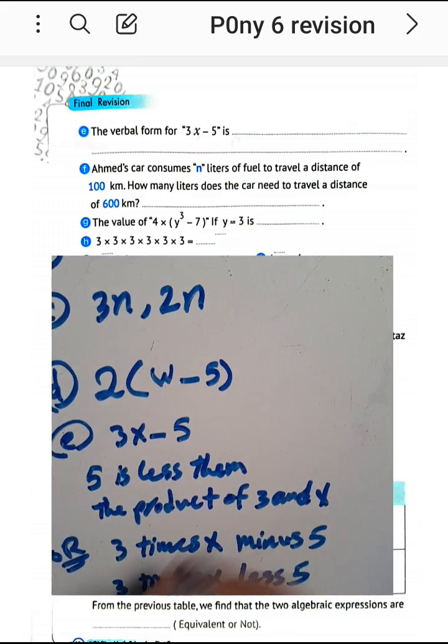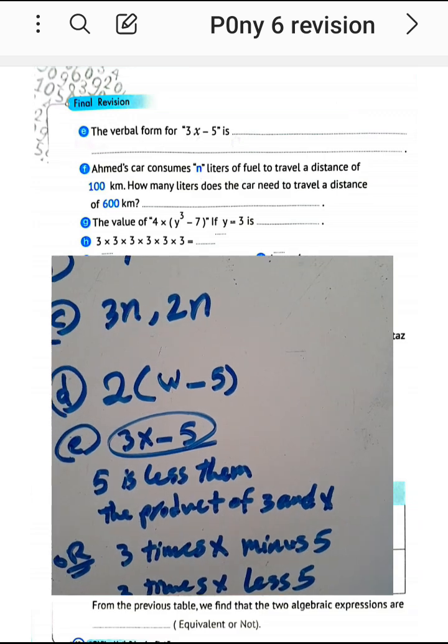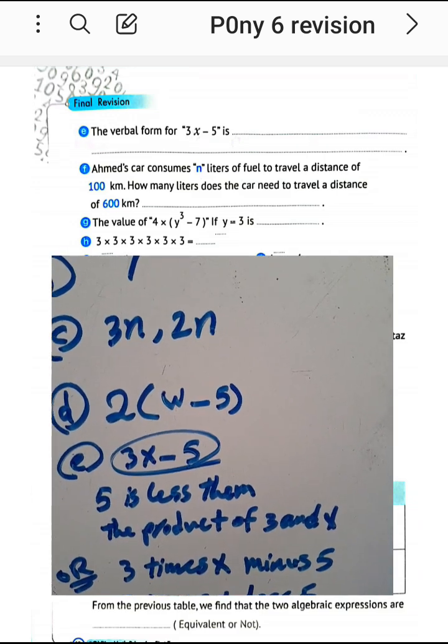We have a lot of solutions about this example. It's a verbal form. Question F.